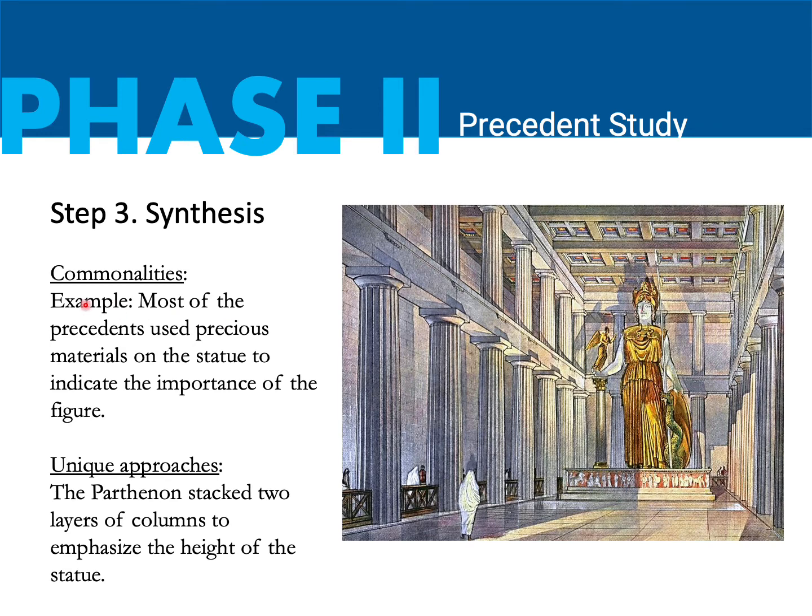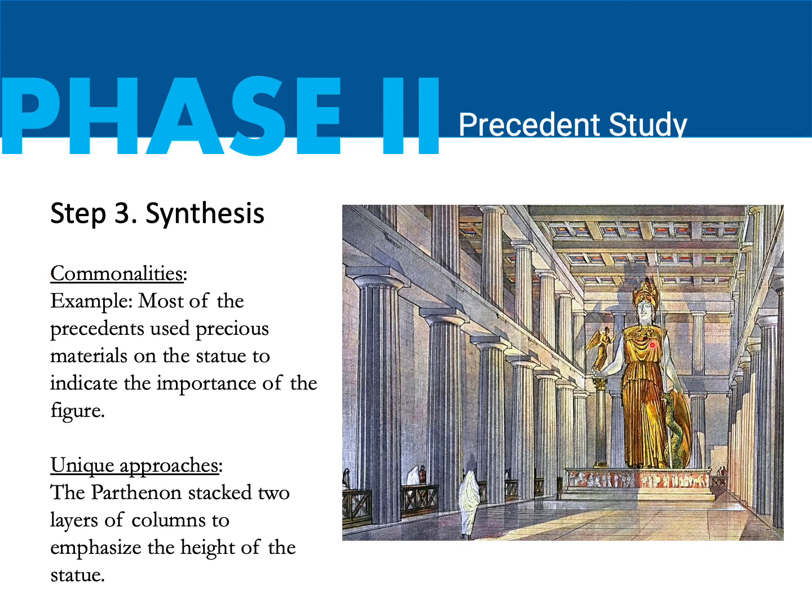So here's an example. Now granted, I have not shown you 5 different precedent studies, but this will be one that I imagine is true. So one commonality after I've done my studies is that most, so maybe it's not all, but most of the precedents used precious materials on the statue to indicate the importance of the figure.